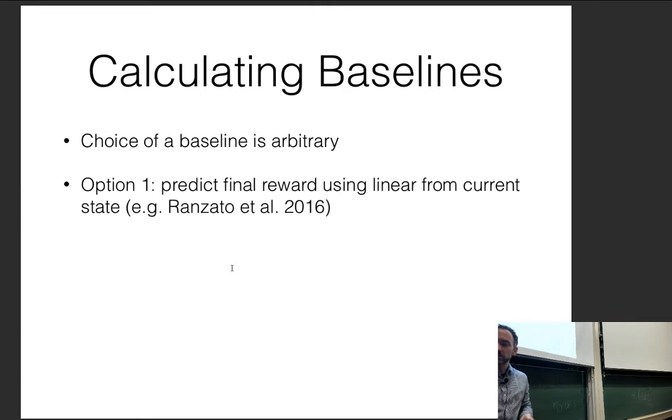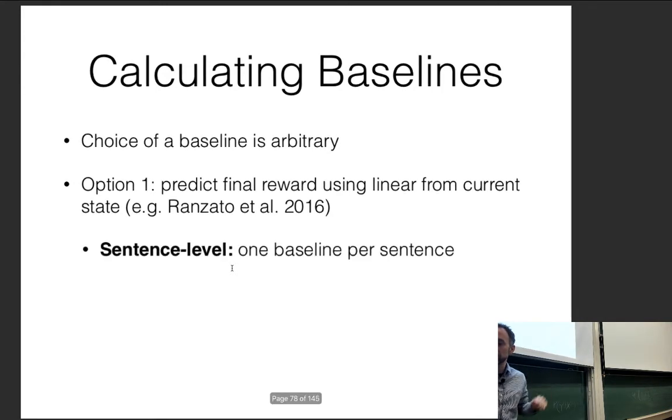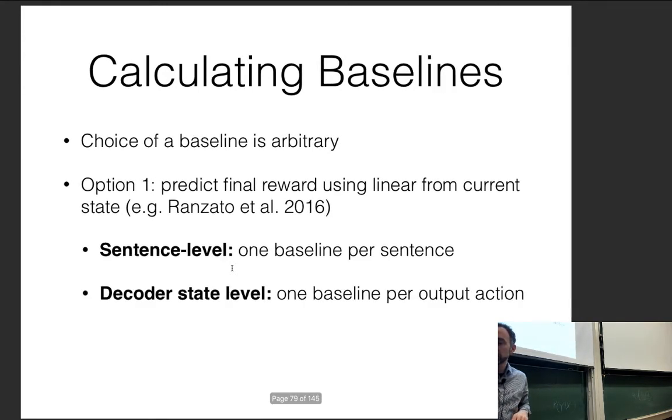One thing you can do is predict the final reward using a linear regression from the current state, either for the whole sentence or one word at a time. This has been shown to be relatively useful.